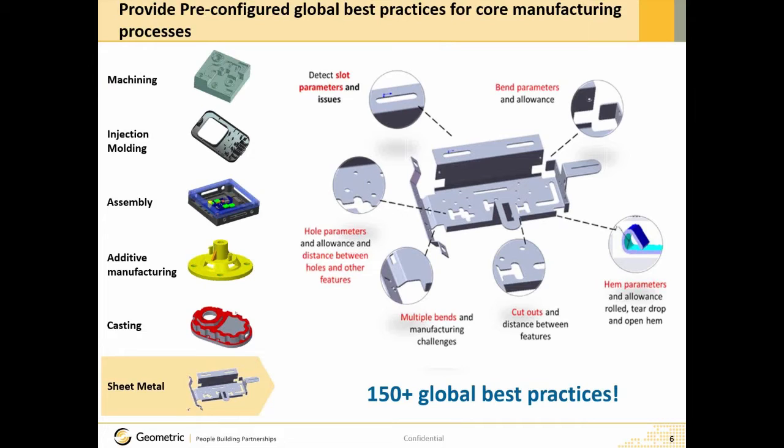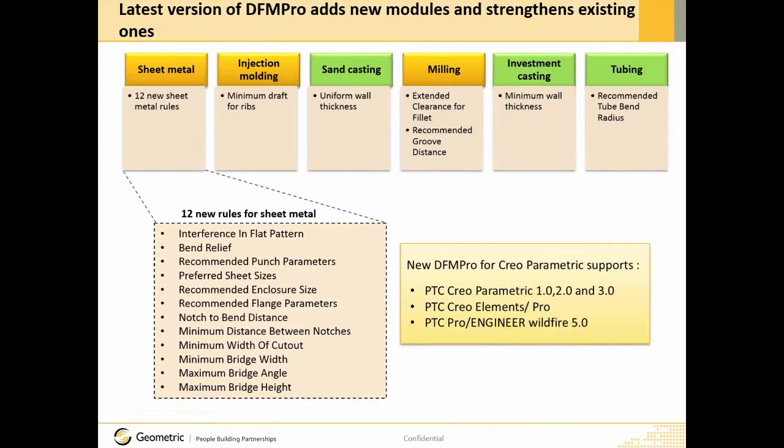But what we are now trying to do with each and every release is not only add additional functionality, but also add new rule checks and modules. So with this specific release of 4.0, we have the traditional processes like sheet metal, injection molding, and milling, wherein we have added a few rules. Then there is the sand casting module.